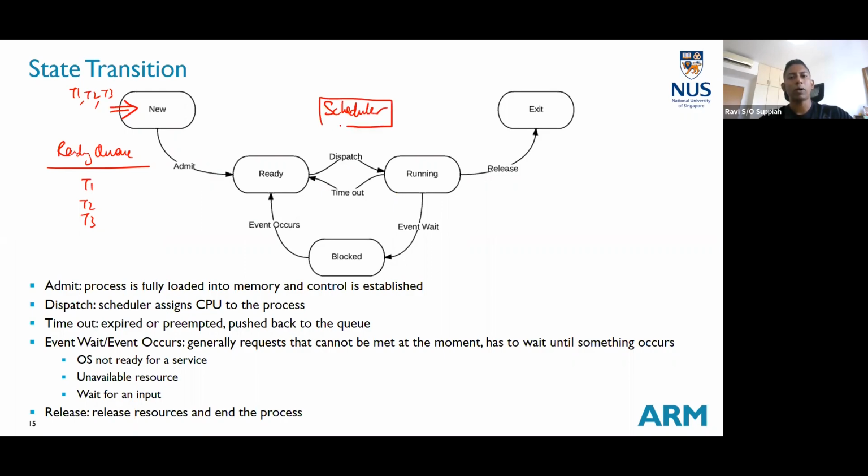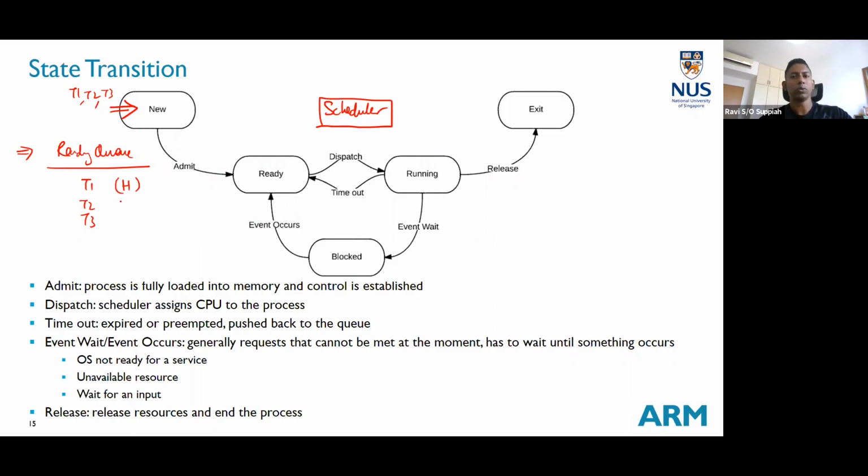The job of the scheduler is to look at this queue. In the background, this queue is automatically rearranged based on priority. When you have multiple tasks in the ready queue, the one with the highest priority will always take the top of the queue. That is the nature of a real-time operating system.